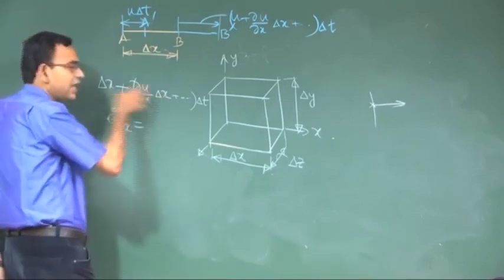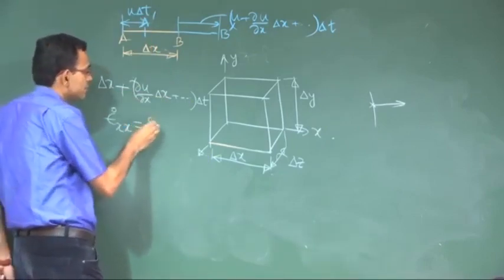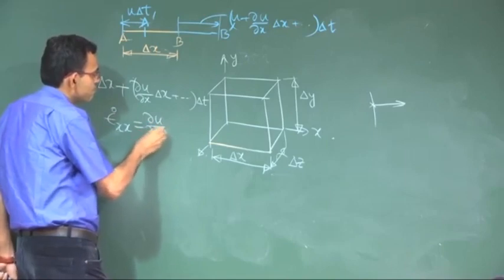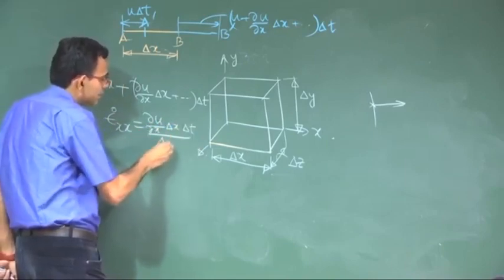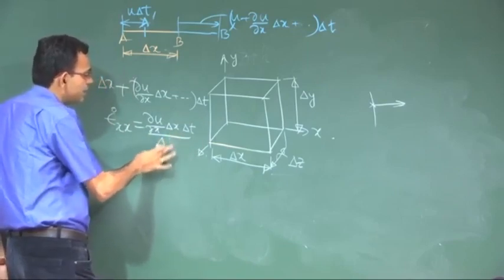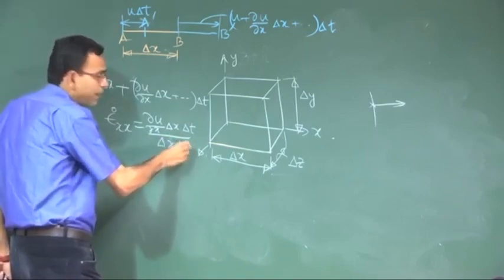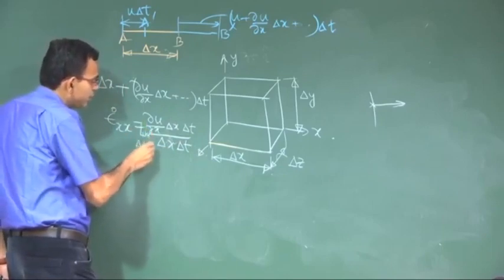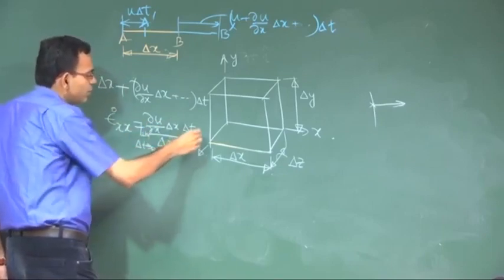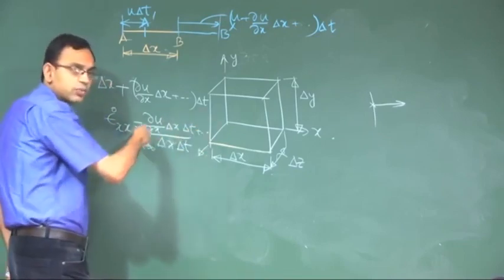One is the change in length per unit length, and this is the rate of deformation. So per unit time, limit as delta t tends to 0, and once you do that, the higher order term will be gone.